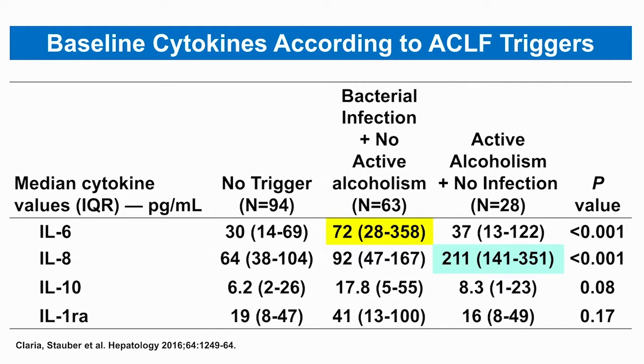All these patients have ACLF, but some do not have any trigger, some have bacterial infection and no active alcoholism, and some had active alcoholism and no infection. And as you can see, during sepsis, the profile is driven by IL-6. In contrast, with alcohol, the profile is driven by IL-8, interleukin 8.